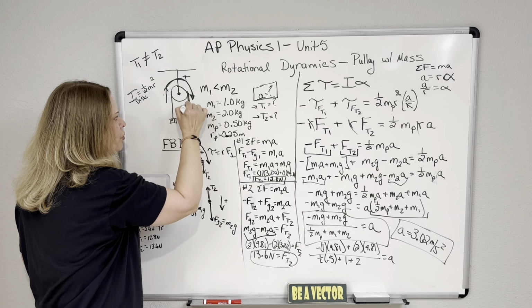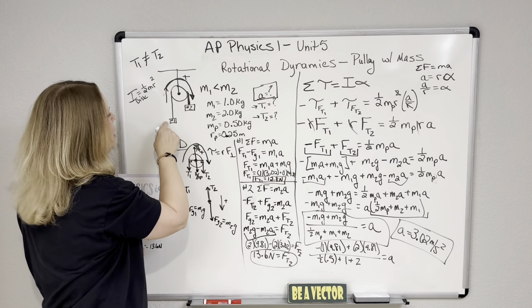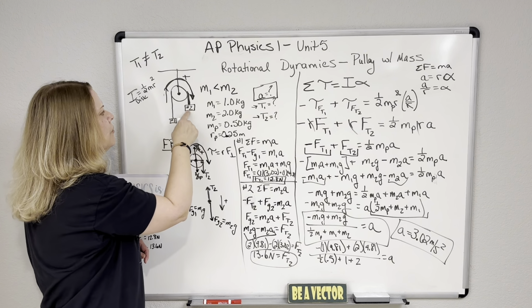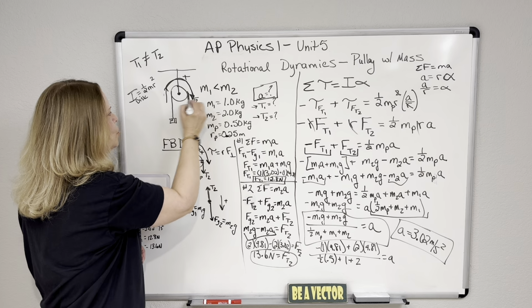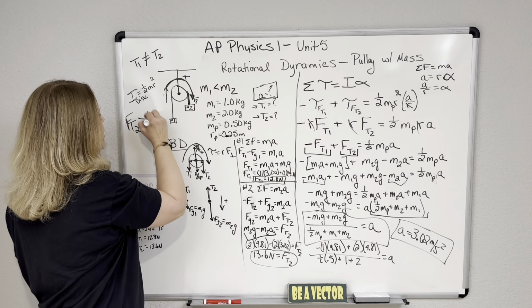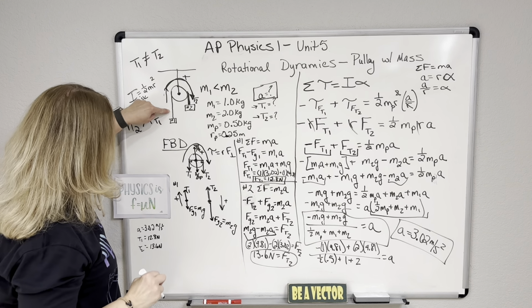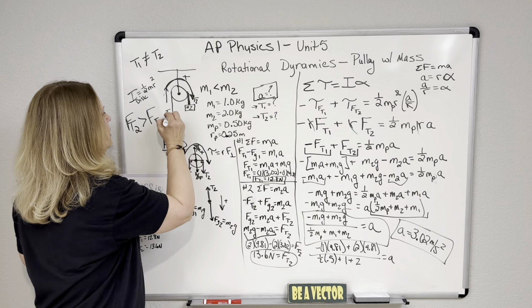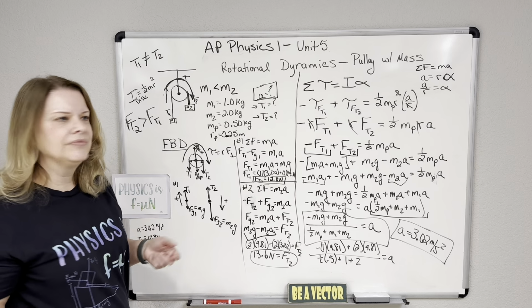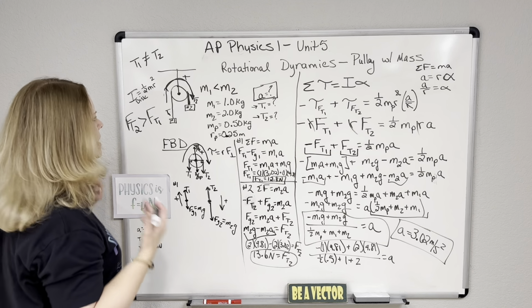So this tension is moving the pulley plus lifting this block. That's why T2 here is greater. The tension here is just lifting the block. This one's lifting the block and moving the pulley. If that helps explain that.